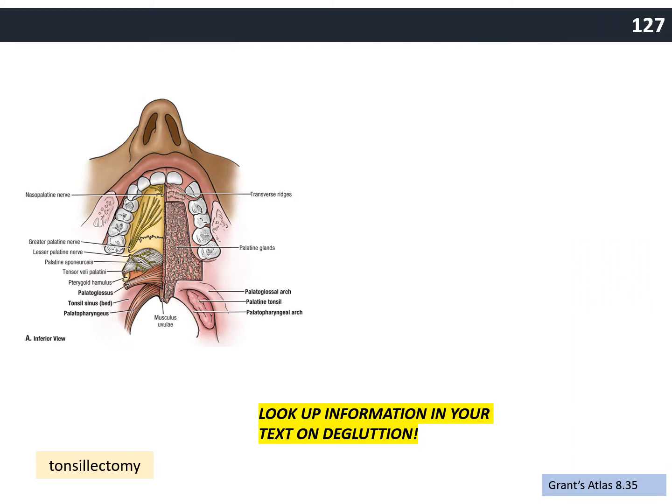So if we take a closer look at the palate, it is made up of the palatine process of the maxilla and the horizontal process of the palatine bones. And then overlying that, or superficial to that, you will have these palatine glands and mucosa.